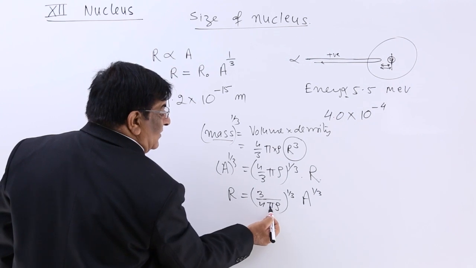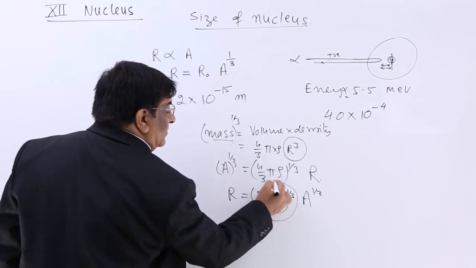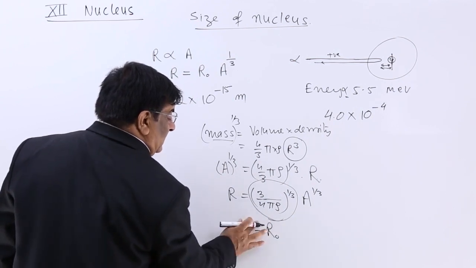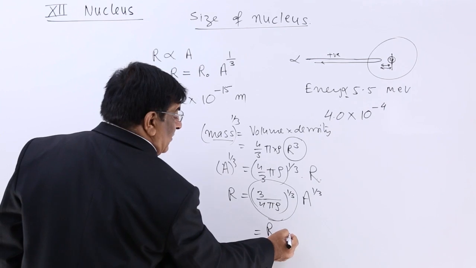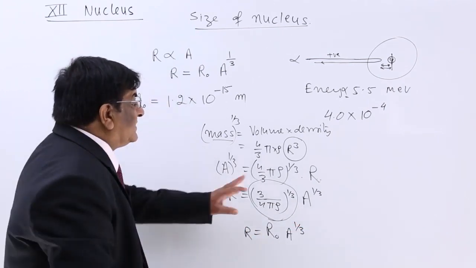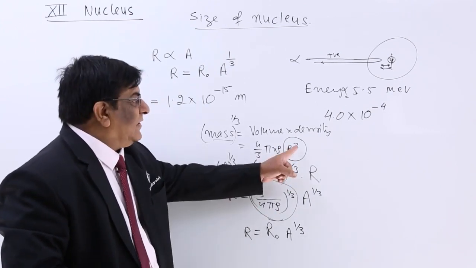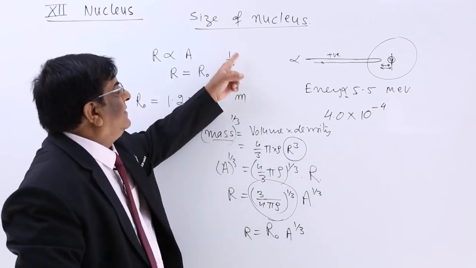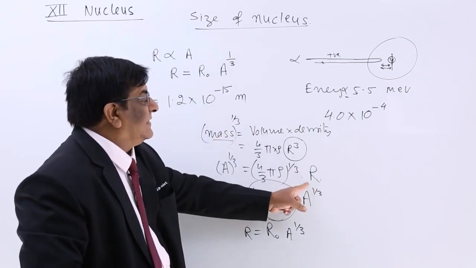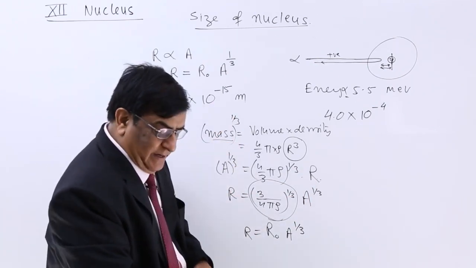Now here density is a constant, pi, 4, 3 all are constant, and this value we write as a constant R0. So this is R0 A to the power 1/3. This is not of much significance, except that it is not a very strange thing. It is very common that mass to the power 1/3 actually carries one power of r. So this is how it was made.